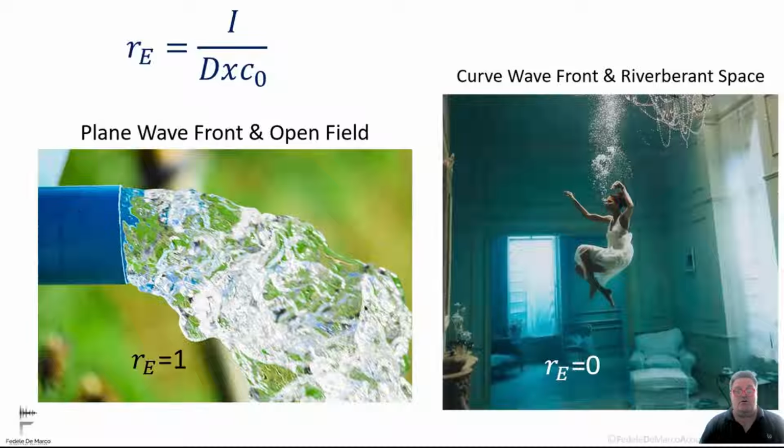So this ratio is 0 in the case of standing waves in a room, or in the case of a reverberant field in a room where energy does not propagate, but stays. It remains stationary in the room.